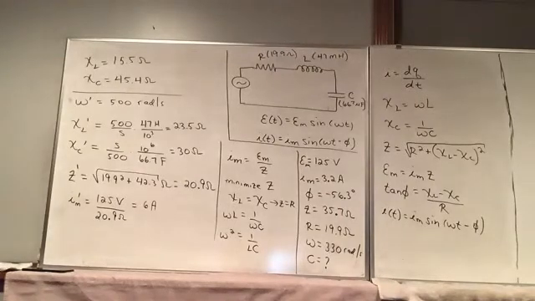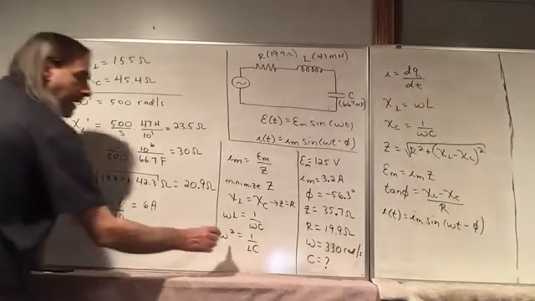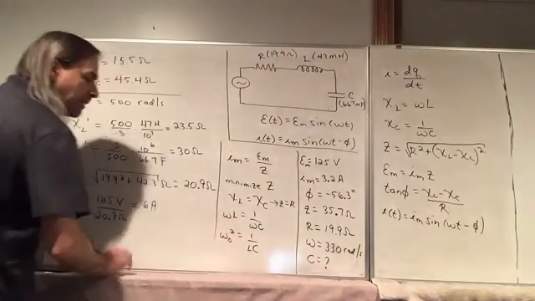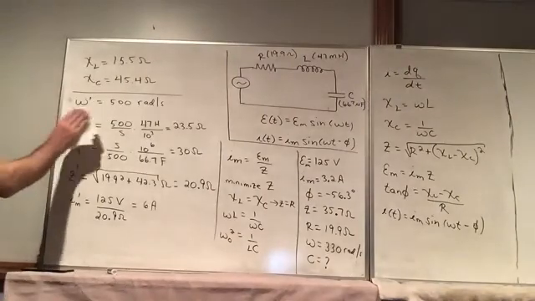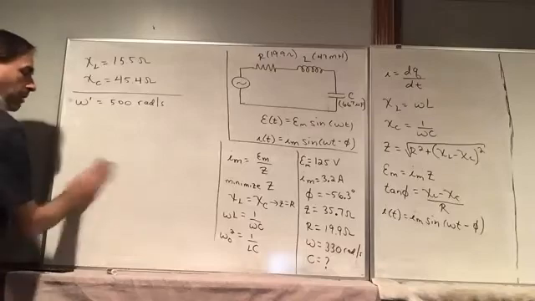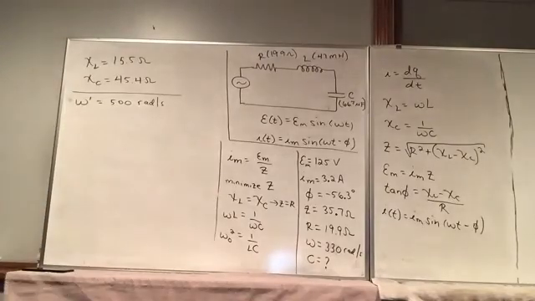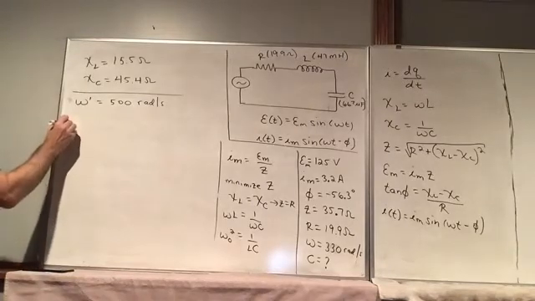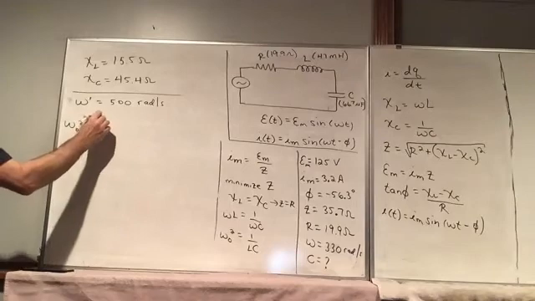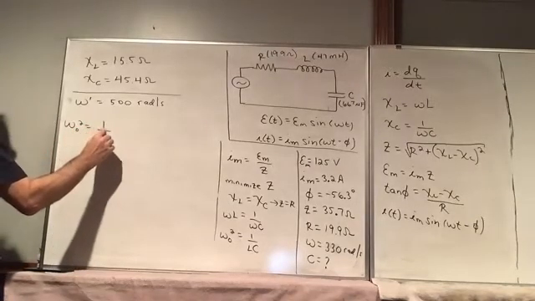So let's just do one more thing. Let's calculate. Let's call this omega naught. That's the frequency that will maximize the peak current. Okay, so omega naught squared. So L is 47 millihenries.